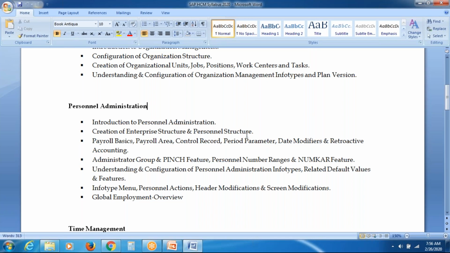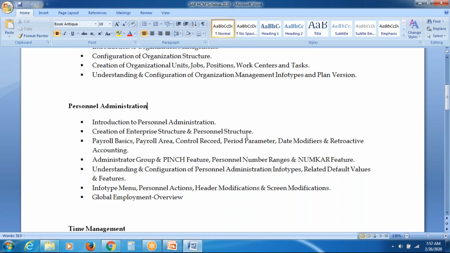And then configuration of the administrator groups, PINCH features, personal number ranges, number feature, understanding and configuration of personal administration info types, related default values and features, and then configuration of info type menus, personal actions, header modifications, and screen modifications.